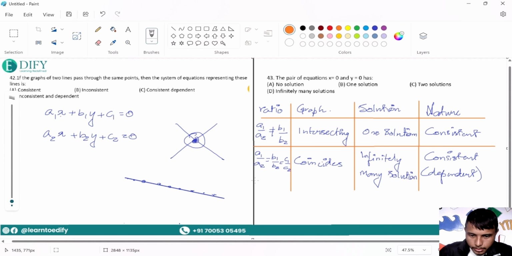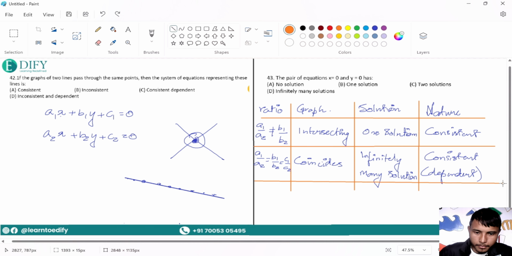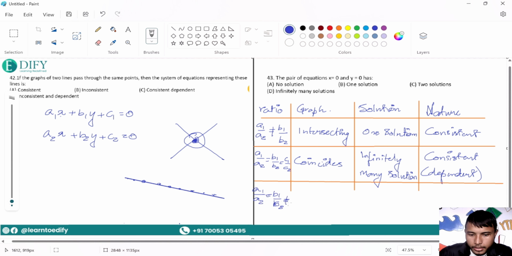The last ratio is where a1 by a2 is equal to b1 by b2 but it is not equal to c1 by c2. Then they are parallel lines.